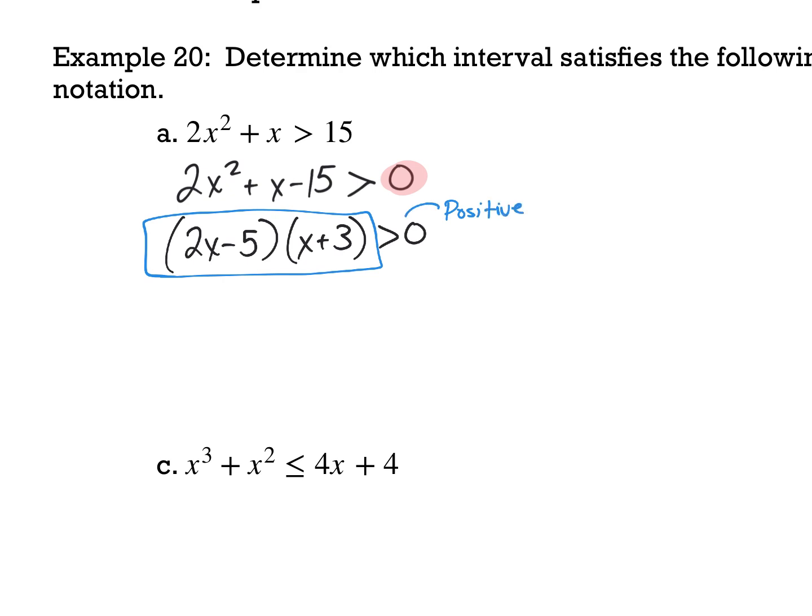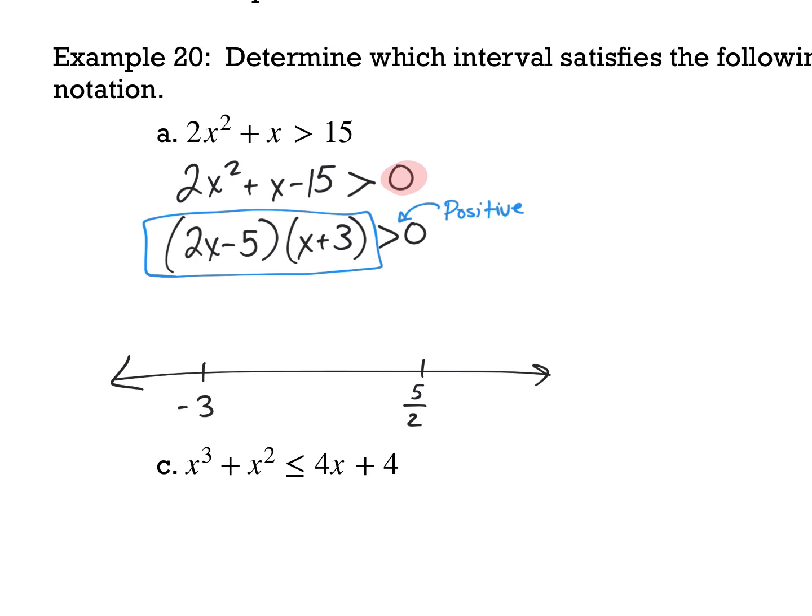Why are we saying positive? Well, it just needs to be greater than 0. Well, this function equals 0 at 2 locations. We can see from our work so far that at -3, there is a 0, and at 5/2, there is a 0.